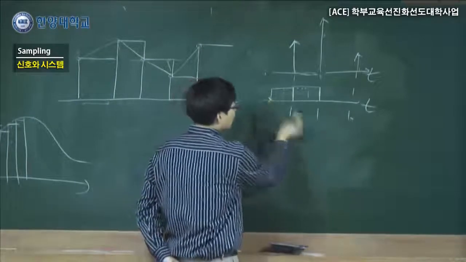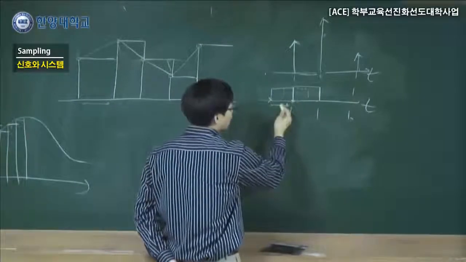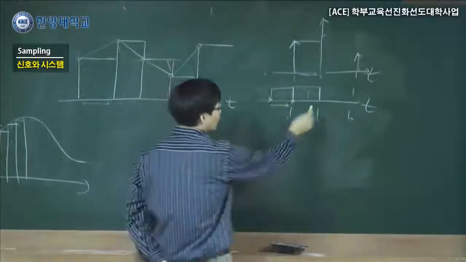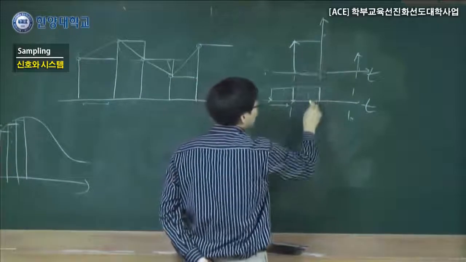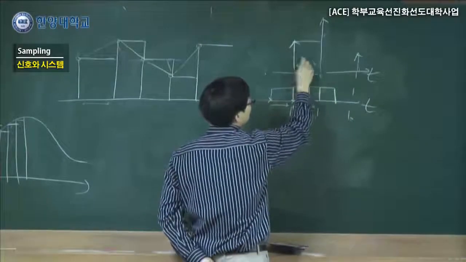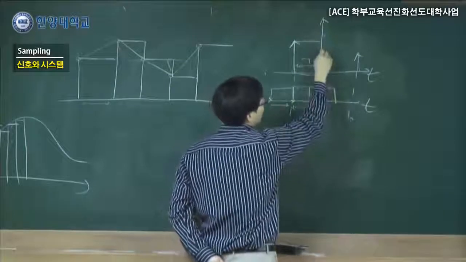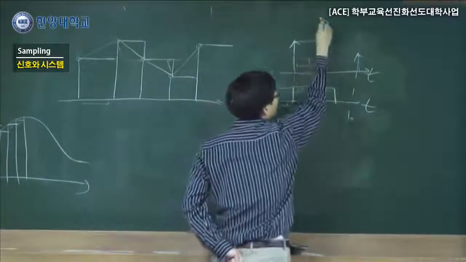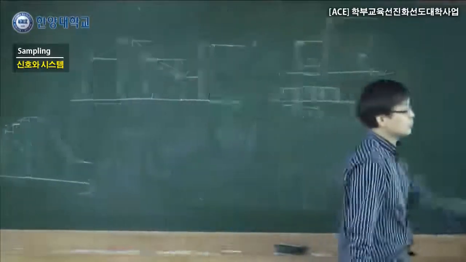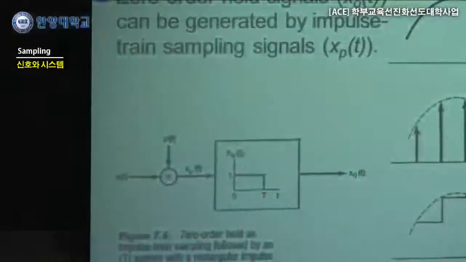From this point to this point, from here to here, they are the same. And then when this one enters this region, note that this is the same as this region, then they multiply by this, not by this. So they are holding like this. So if you pass through this specific system, then you can do the holding systemically. That's what they talk about over here.